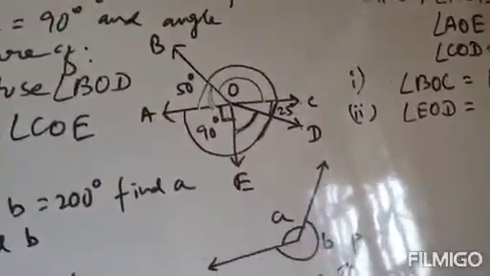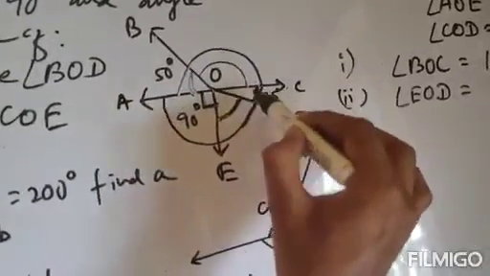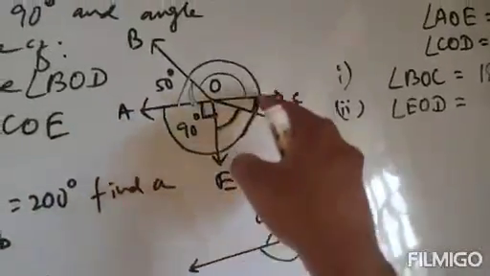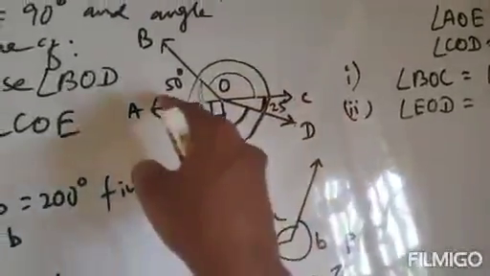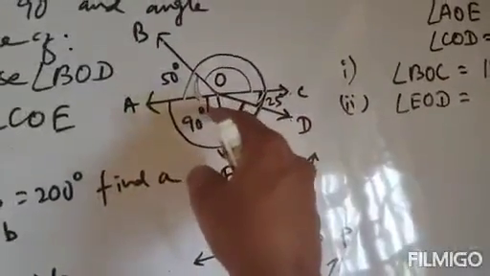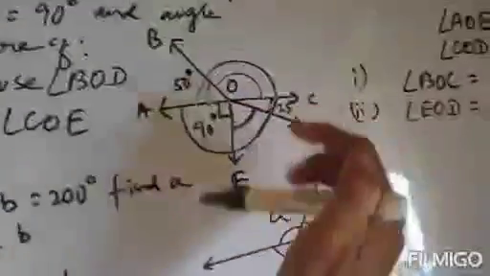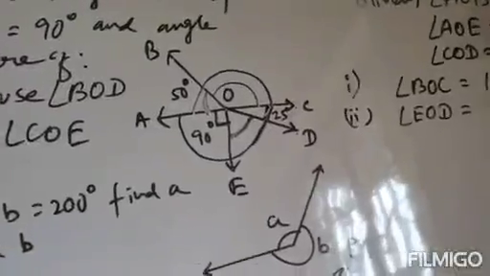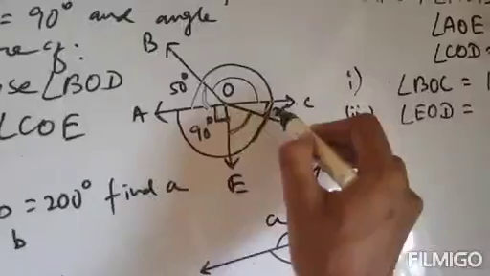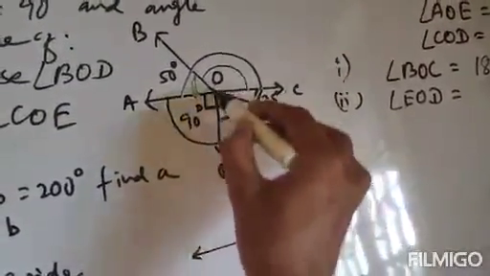If we add 90 and 25 and subtract the sum from 180, we will easily get this part, that is EOD.